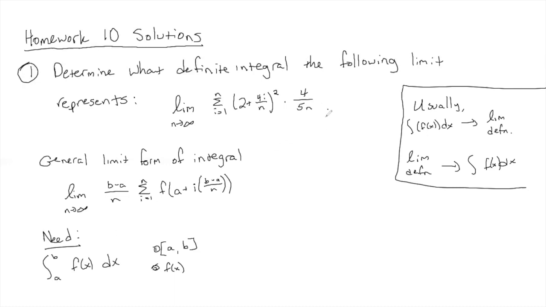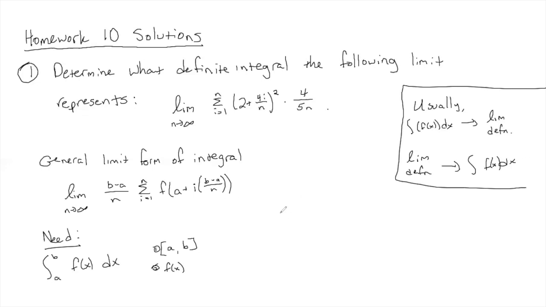But there's a lot more than that floating around here. So we have to write the given limit in this form so that we can pick off that information. Maybe the best way to do this is, let's figure out what is b minus a over n first. Maybe that's a good place to start.